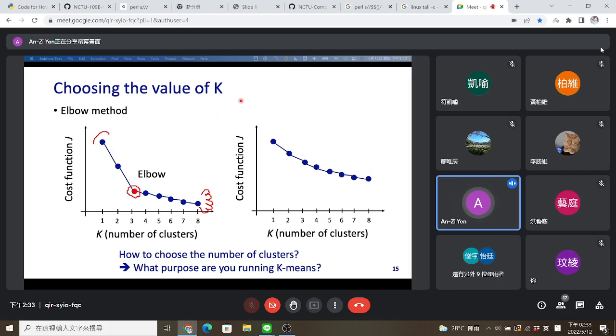For example, if we want to use k-means to do market segmentation, you want to decide each size of t-shirt you want to make.